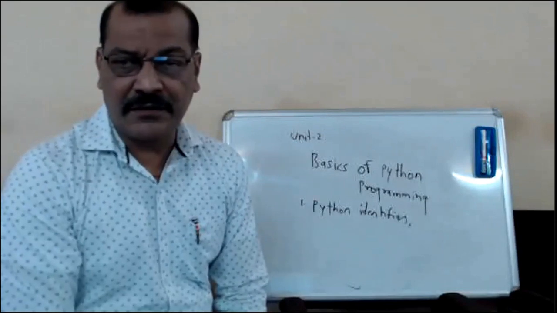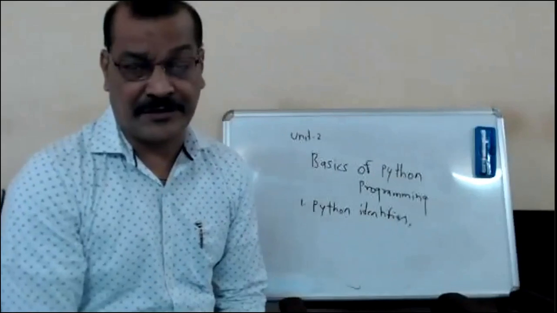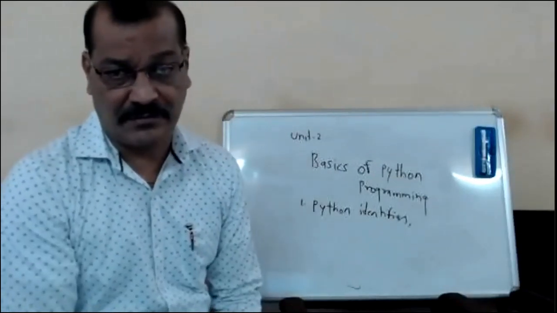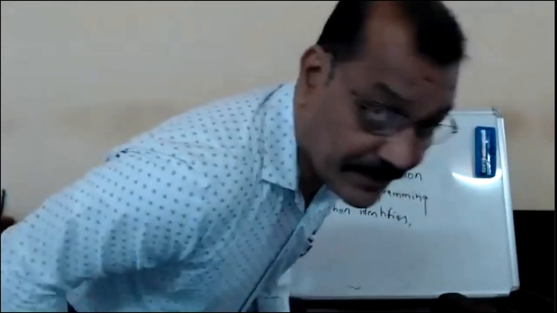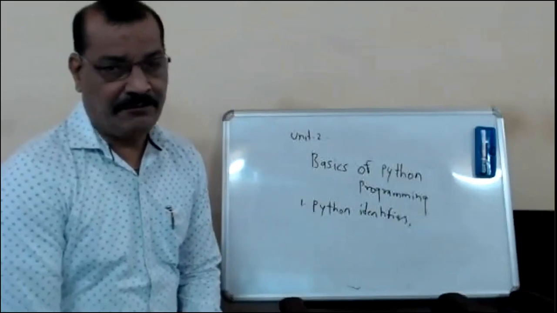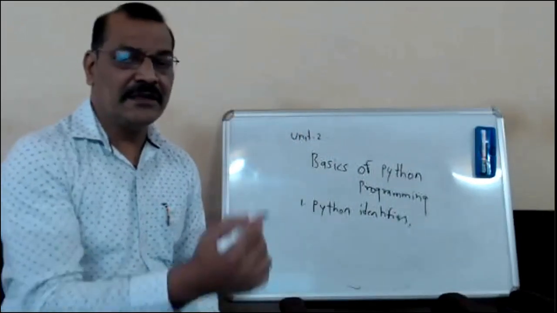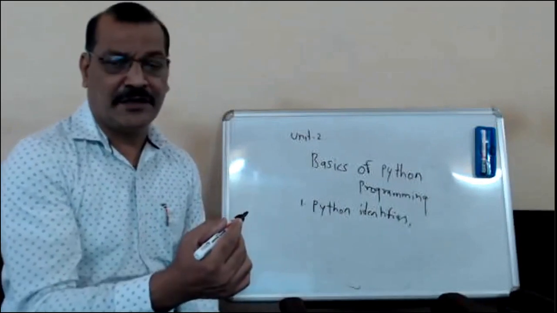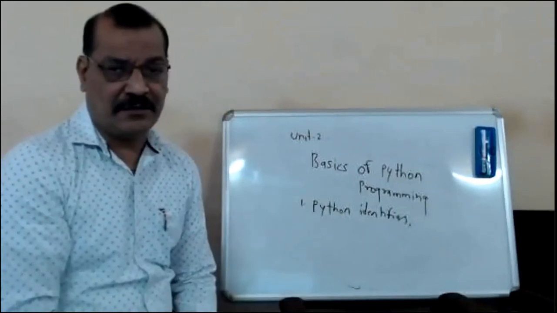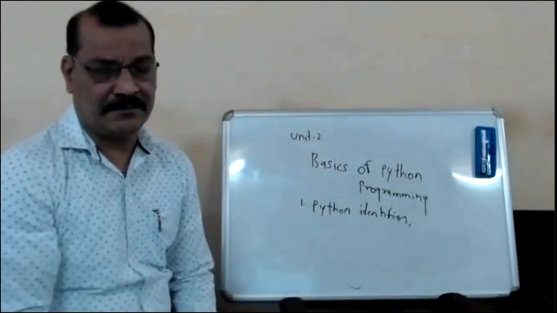Whenever we write something in a programming language, whenever we define something in a programming language, what can we define? When we start to write a program, what are the necessary words, necessary lines that we write?